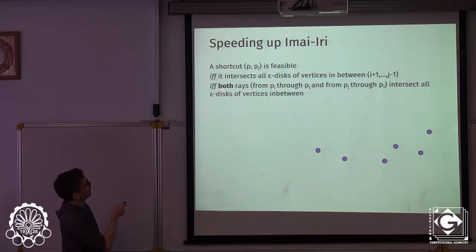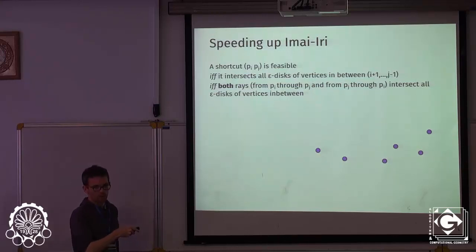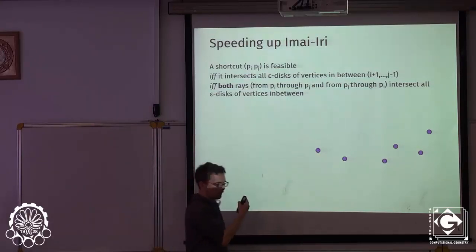And that means that we want to look at the way starting at pi and going to pj, and that should stab all the disks in between. And then I also have to go from pj to pi and see that the way in this direction stabs all of the disks in between. Okay, and why did I do this reformulation?